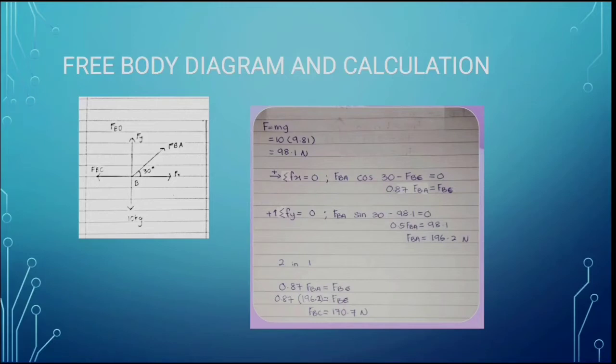Then we put the value of FBA into the value of FBC. So 0.87 FBA equals FBC. 0.87 multiplied by 196.2 equals FBC. So the FBC is equal to 170.7. That's all. Thank you.